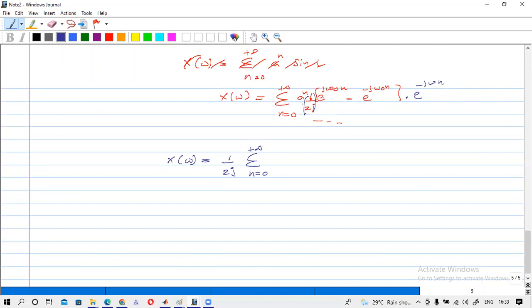I have to multiply these two terms by a to the n e to the power j omega n. First I multiplied this one, so I have a to the n e to the power j omega naught n multiplied by e to the minus j omega n. So j is common, I have omega naught minus omega, and this n is also common.